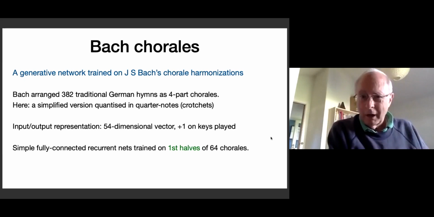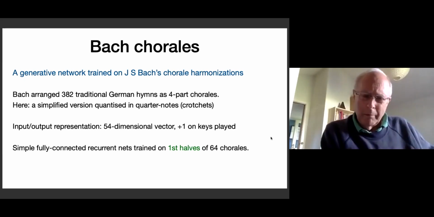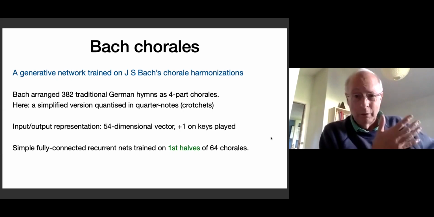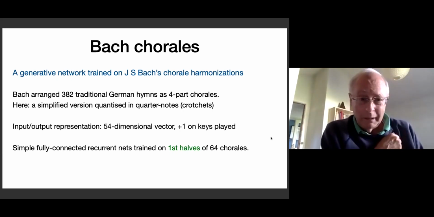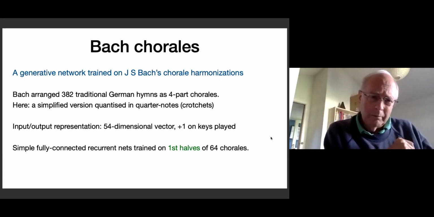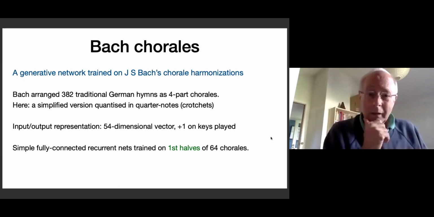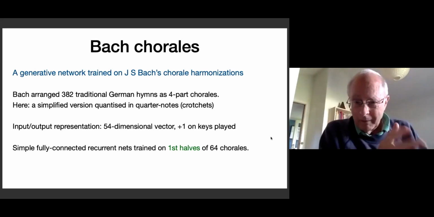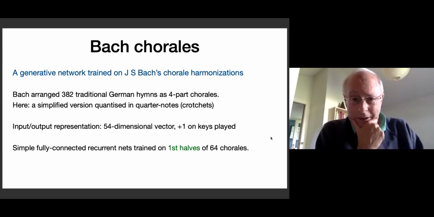The way it's coded is that the component of the vector is 1 for the key that's played and 0 or -1 for the ones that are not played. We trained some fully connected recurrent nets of the kind we've just been talking about on the first half of each of 64 chorales.